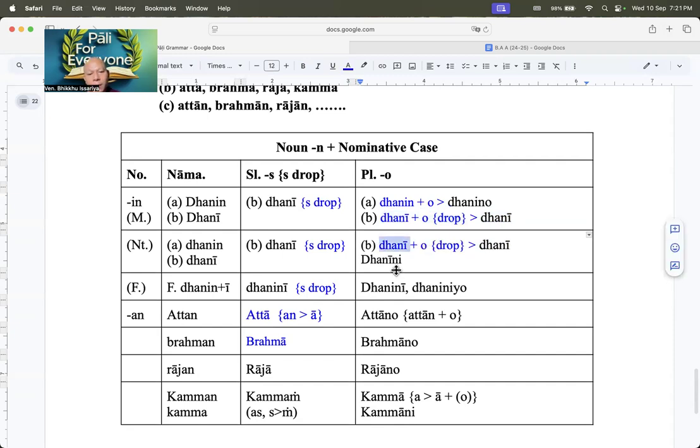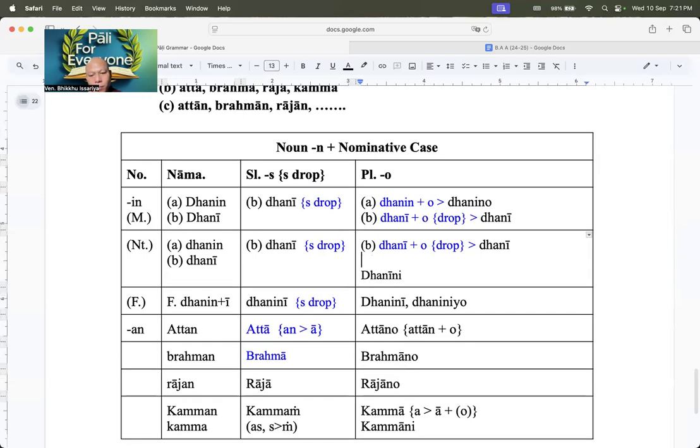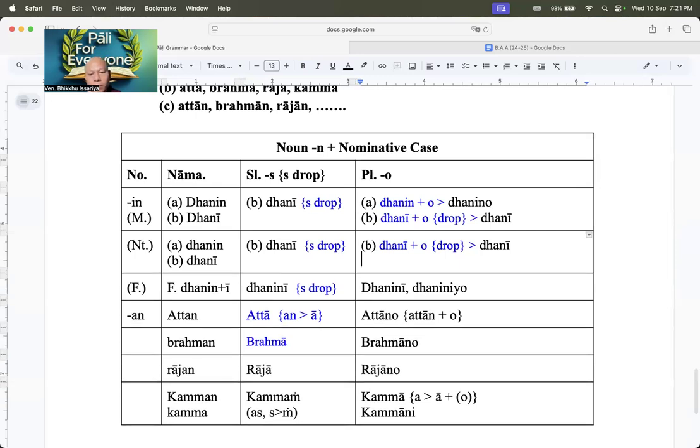So after that, to the name, see, the neuter gender sign is added. The neuter gender plural sign is added. That is why we have another form.